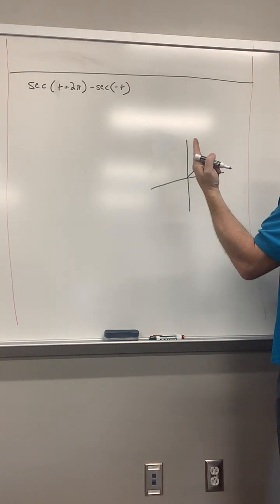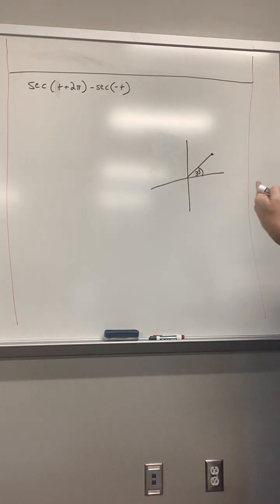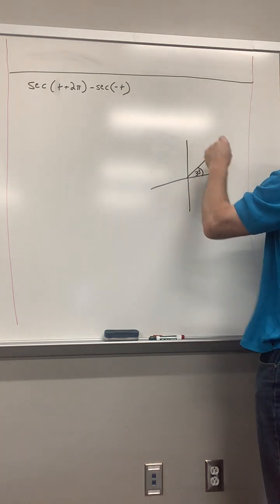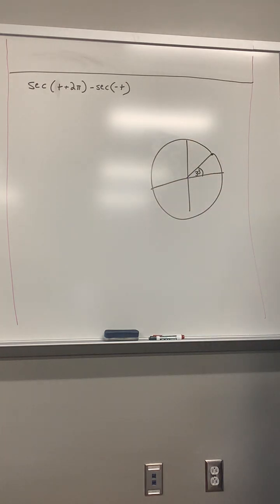Well, if we're talking about cosine instead, if I know the cosine, the sine, anything for that point right there, for that angle, well, if I add 2 pi to it, that's adding 360, I end up right back where I started, which means I'm going to get the exact same sine and cosine values at that point.